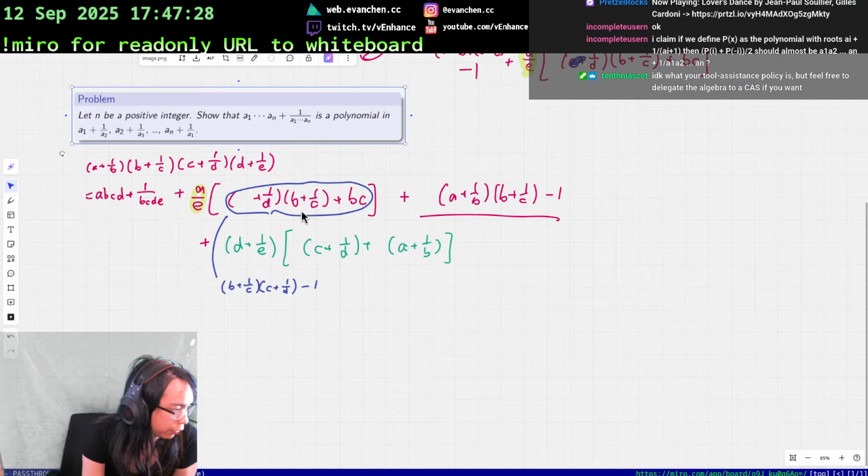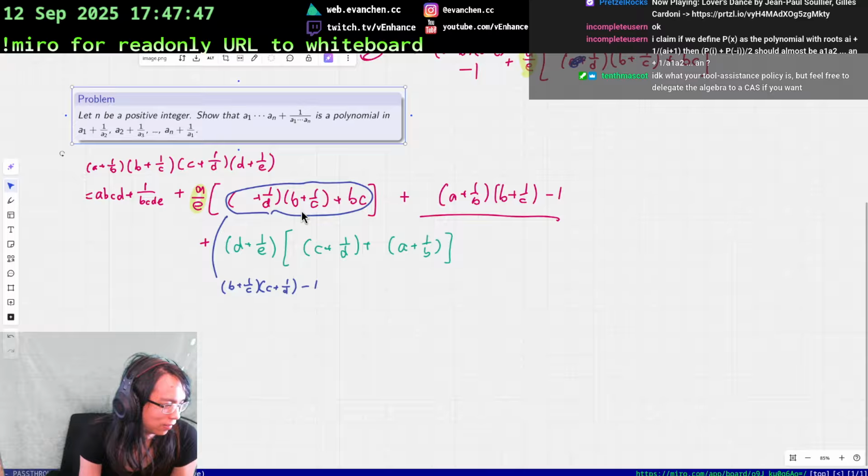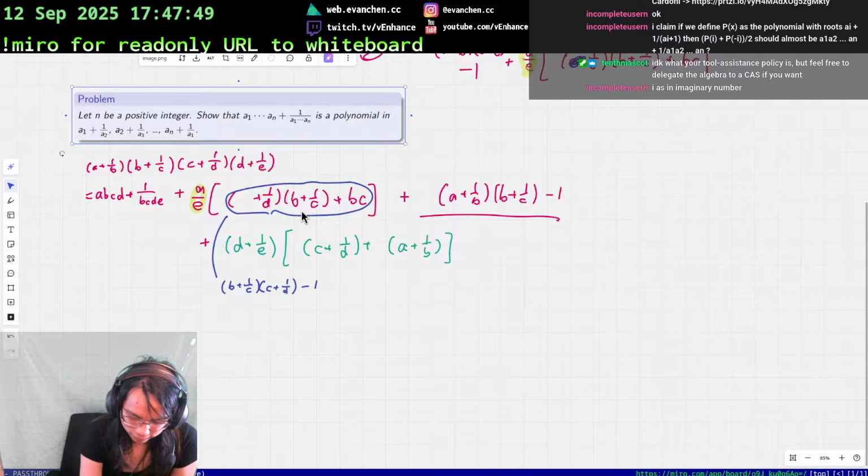Cool. So if I was trying to claim we define px, then p of I. What is p of I? You want to use complex numbers?